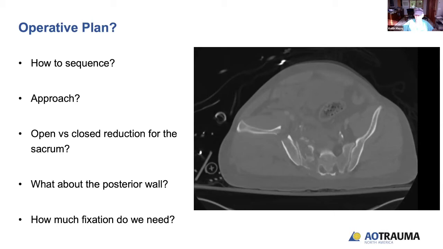And then if things were going well, and I thought I had a really good reduction of the posterior column, which I think is unlikely in this setting, but possible, I'd continue. And then this would be the rare exception because of the factors that Mike's already talked about, where I'd do the sacrum last. Otherwise, I'd do the anterior column first, hopefully, and then go prone so I'd have simultaneous access to the posterior column and sacrum at the same time.